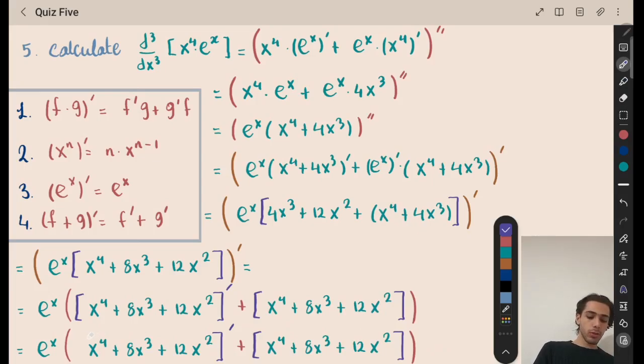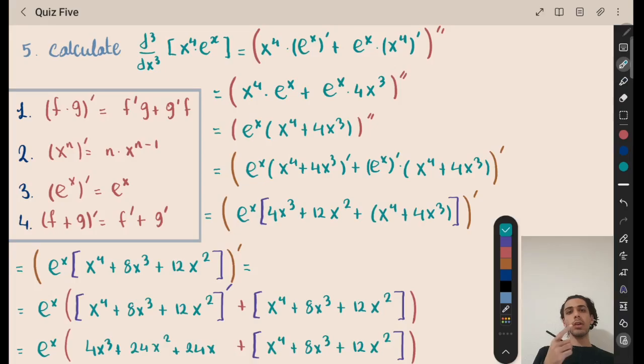So x to the fourth is 4x cubed, right? And 8x to the third is 8 times 3x to the 3 minus 1. That's 2. And 8 times 3 is 24. And 12x squared, the derivative of it is 24x.